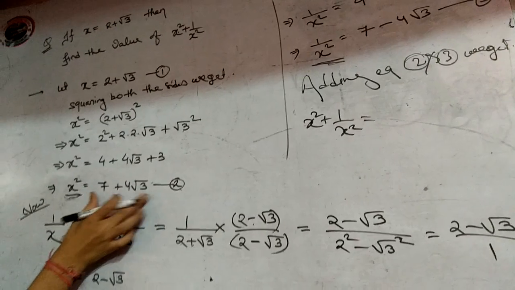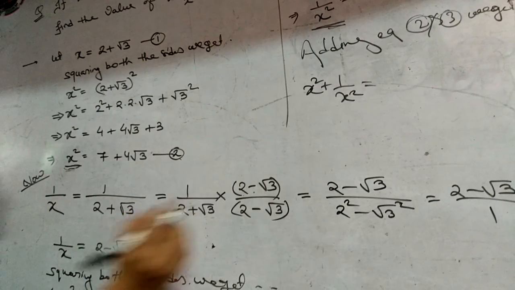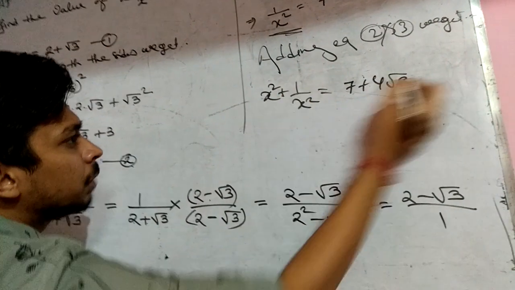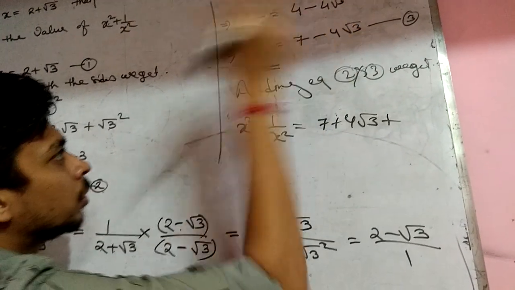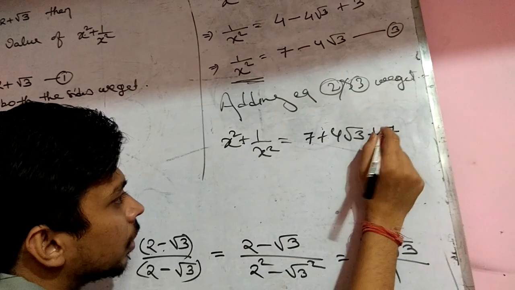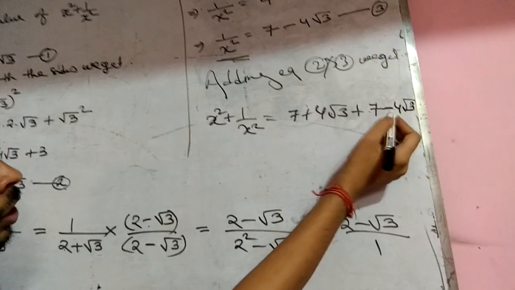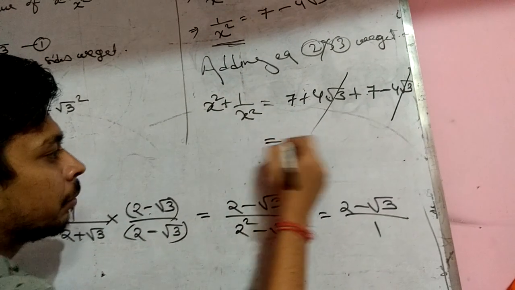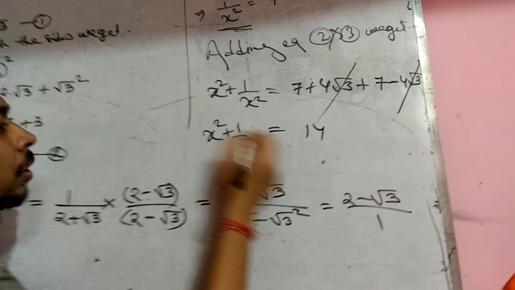In the RHS part we are having x square; in place of x square I will be writing 7 plus 4 root 3. Then positive sign, 1 by x square; in place of 1 by x square we will be having 7 minus 4 root 3. Now plus 4 root 3 minus 4 root 3 cancels out. So we are left with 7 plus 7, which is 14. So x square plus 1 by x square comes out to be 14.